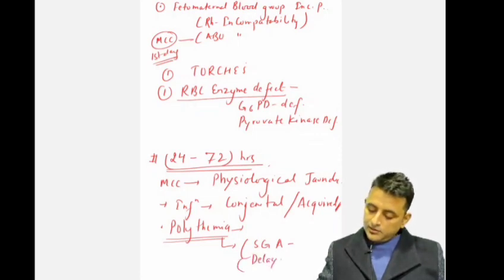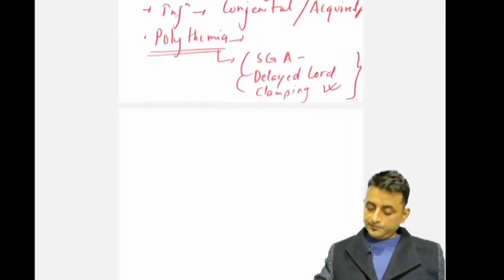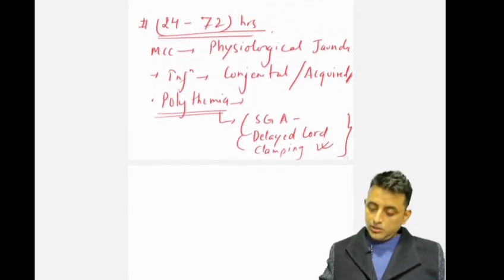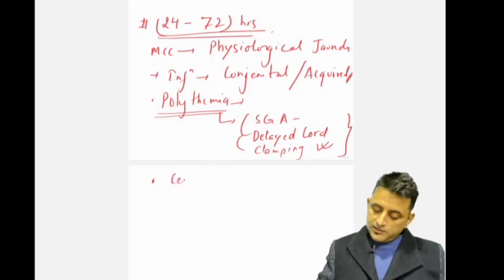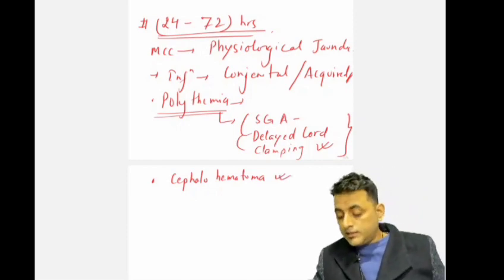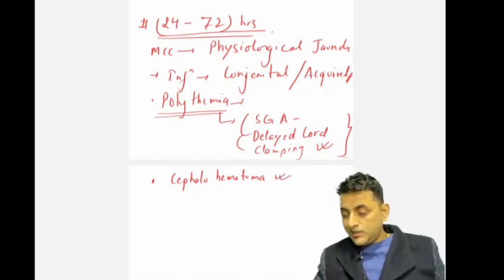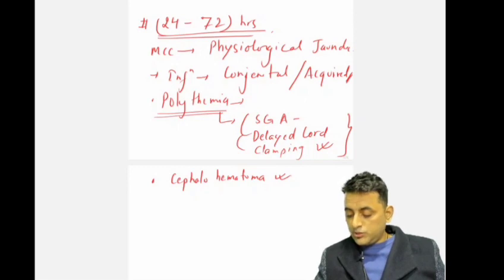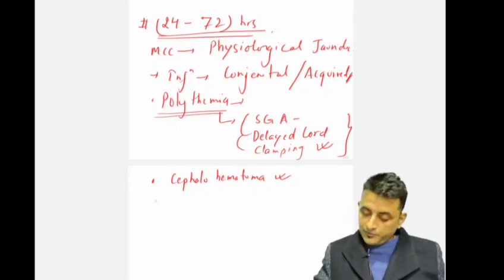Delayed cord clamping. You should always think of this. Another important cause is cephalohematoma. It resolves by itself, but it can give rise to prolonged jaundice also.